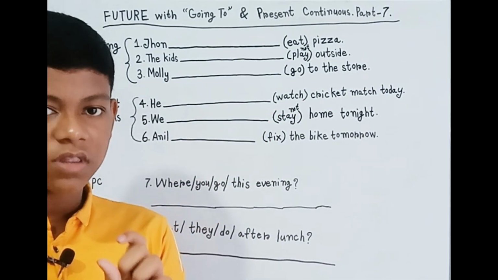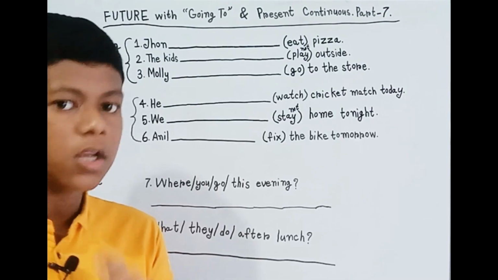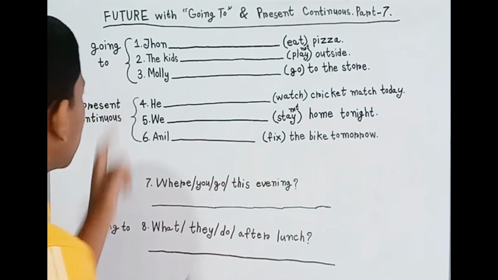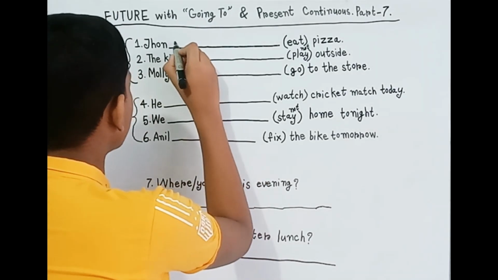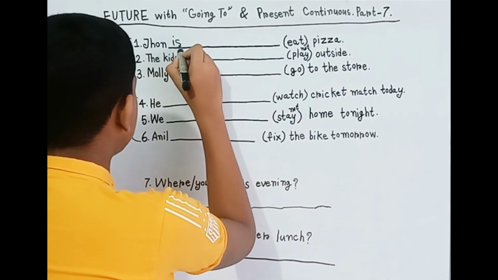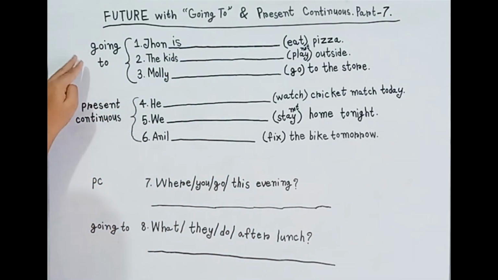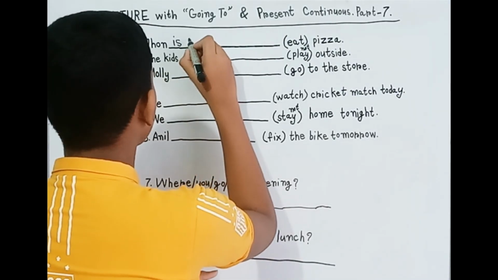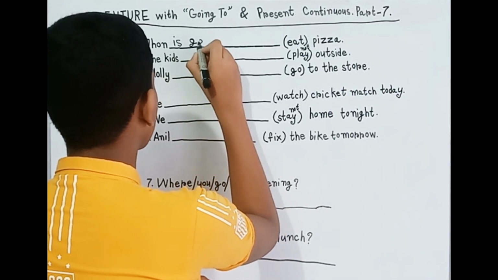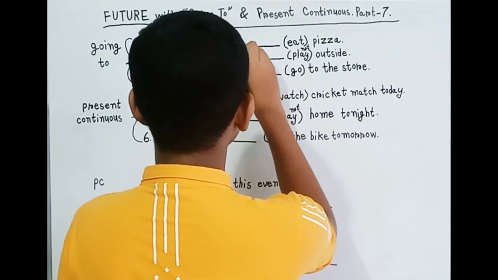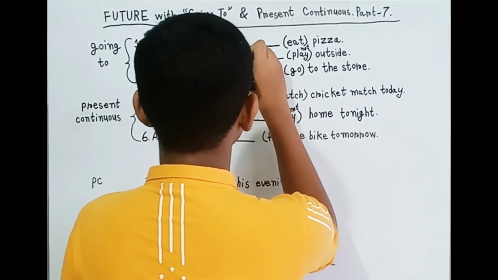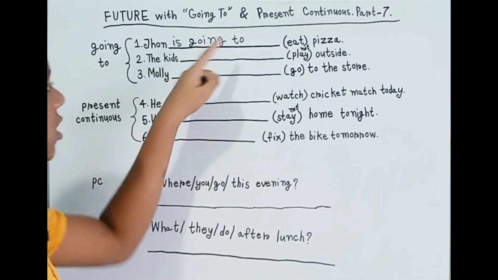So we have to use it with the word eat. So John, here we can add going to. First of all, we have to add John is, then we can write going to. John is going to.